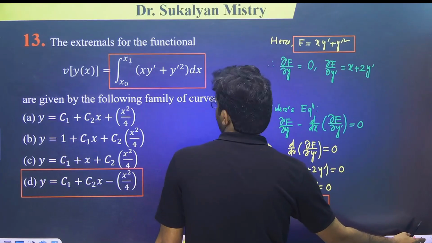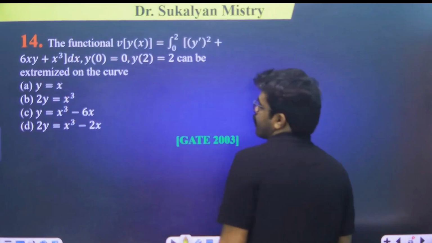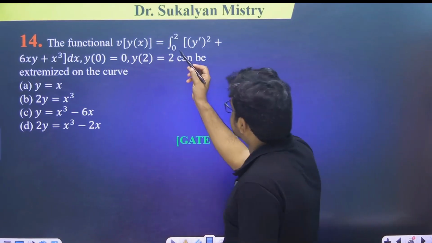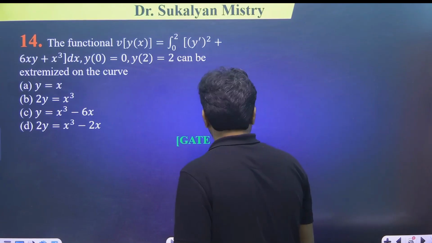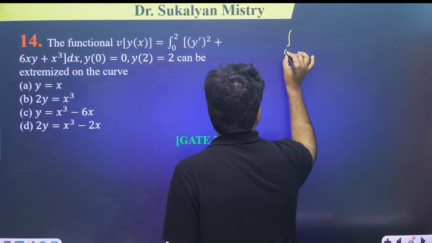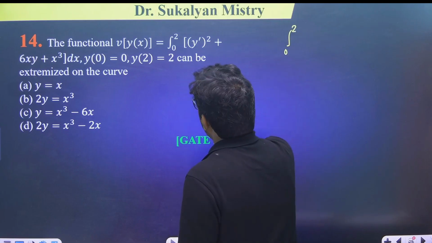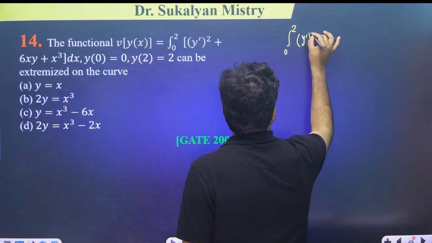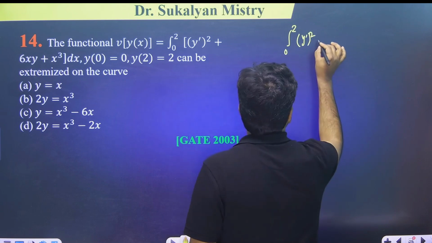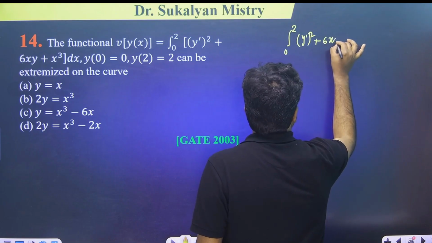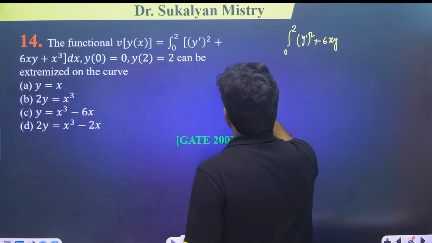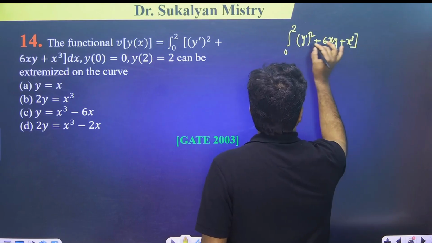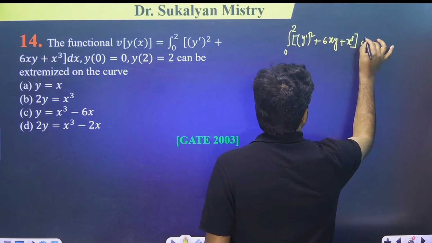Okay, so next problem. The functional here is the integral from 0 to 2 of y dash square plus 6xy plus x cube, into dx.